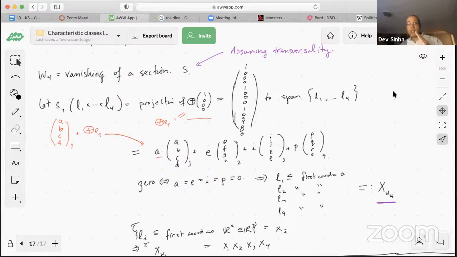Well, A, B, C, D is the copy of R4 that L1 is in. And for A to be 0, instead of anywhere in R4, just picture an R2, that means your X coordinate is 0, you're up there, R3. If your X coordinate is 0, you're sitting inside a copy of R2.